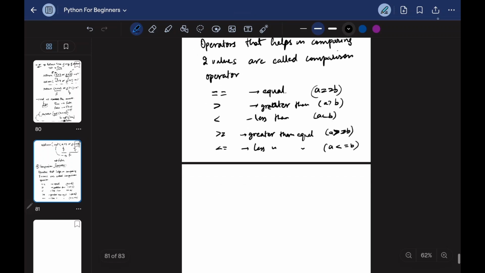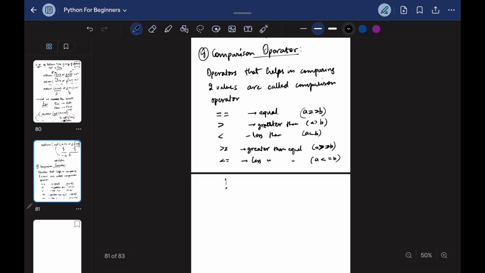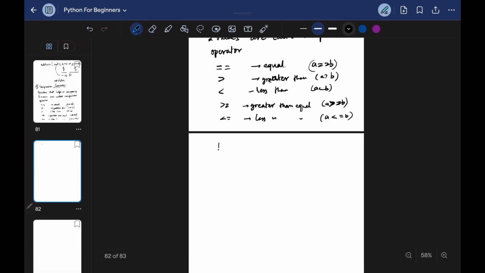And the last one is not equal to. Exclamation mark and then equal to sign stands for not equal. So if you need to check if two variables are equal or not, you can use this operator.